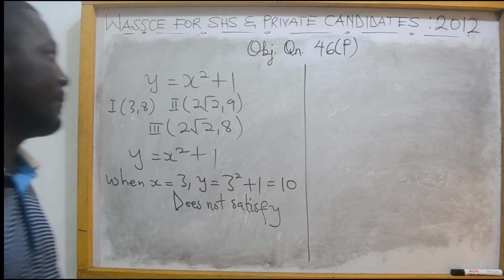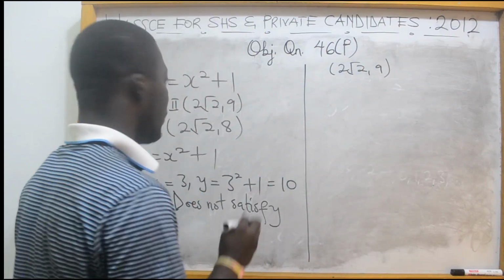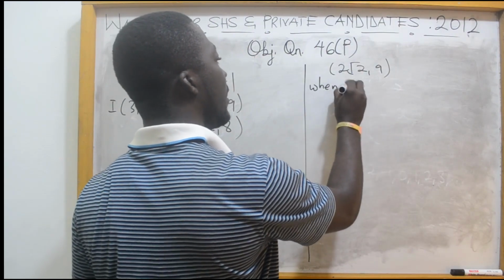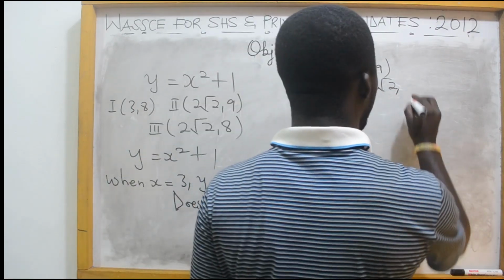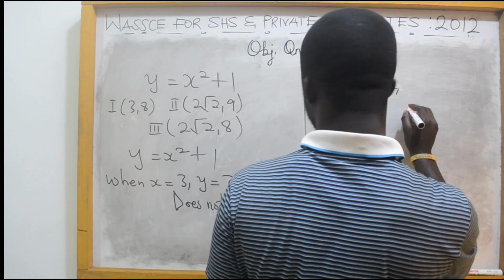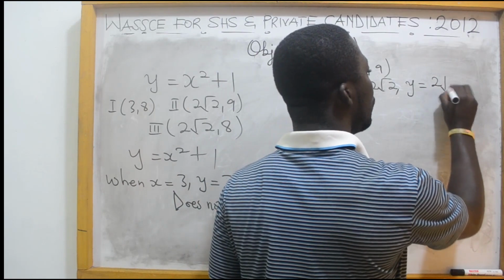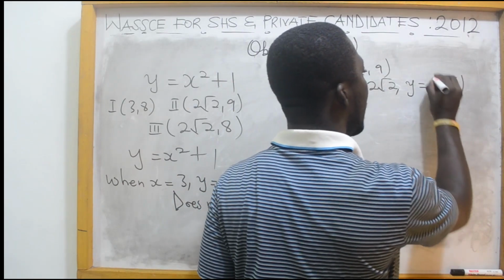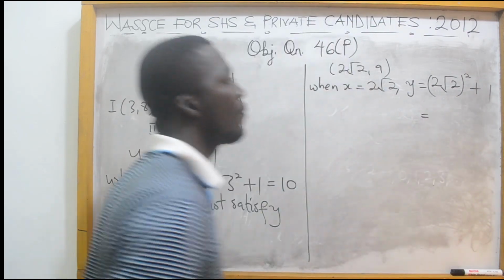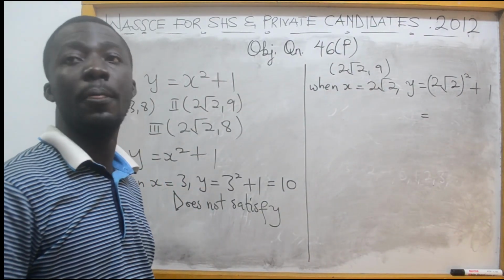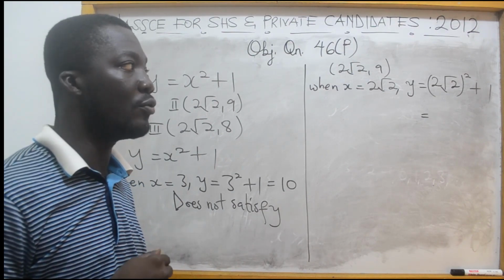Now let's continue to the second one. 2 root 2, 9. So when x is equal to 2 root 2, the value for y will be equal to 2 root 2 squared plus 1. So 2 squared will give you 4, and root 2 squared will give you 2.